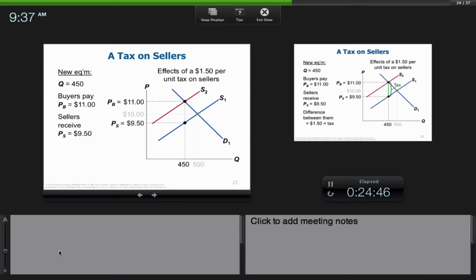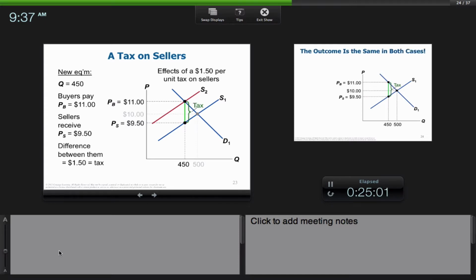So the seller's going to get $9.50. The buyer's going to pay $11. The difference is the $1.50 in tax.